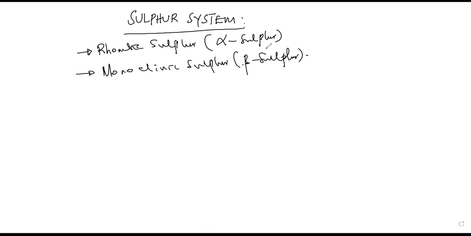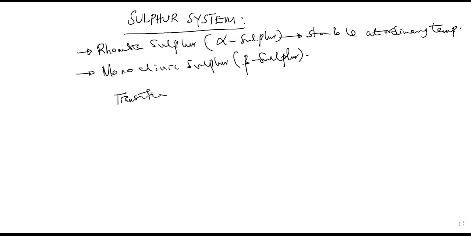We are having those two forms of sulfur, and we shall need to know that at ordinary temperatures, the stable allotrope is rhombic. That is the most stable form of sulfur. Now, the temperature at which these two allotropes, rhombic sulfur and monoclinic sulfur, exist in equilibrium is what we call the transition temperature.